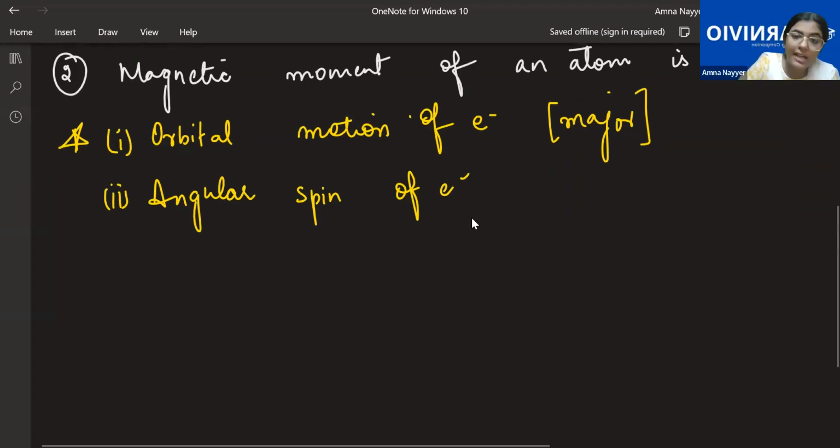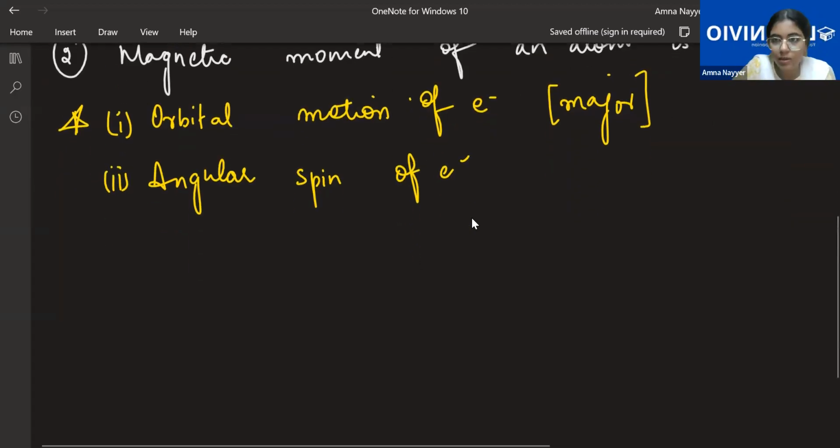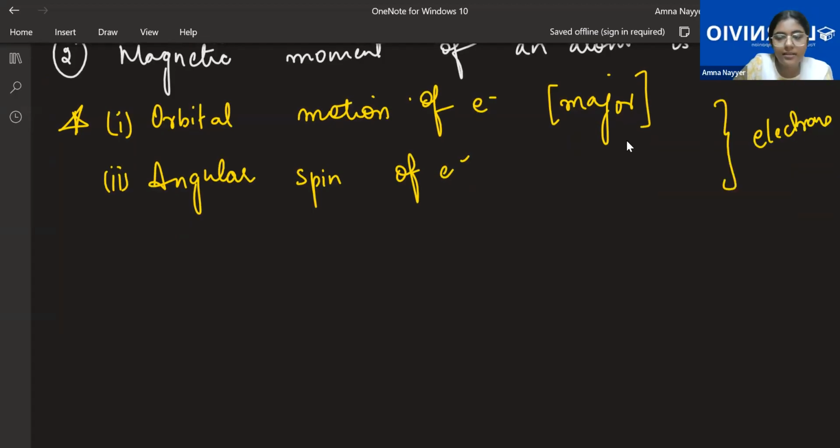Now, these were the reasons contributed by the electrons. The next reason is contributed by the nucleus, that is, the magnetic moment of the nucleus, because the nucleus also has charges, right? A nucleus has an area as well.